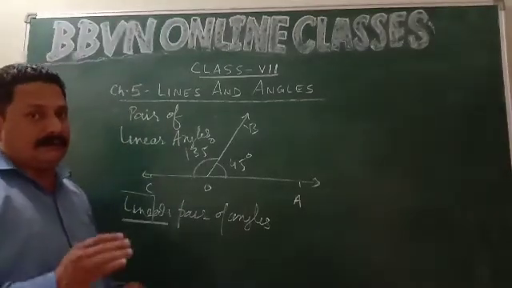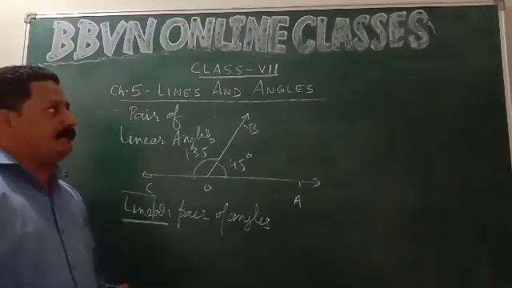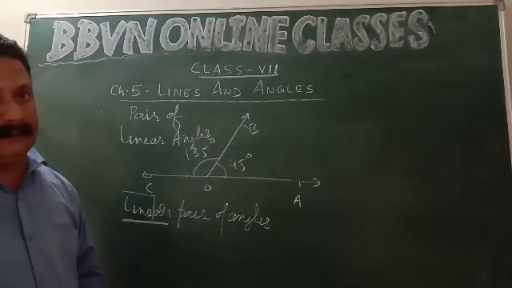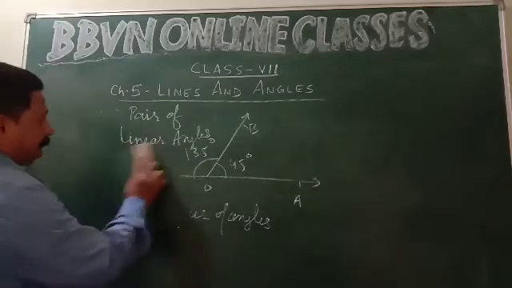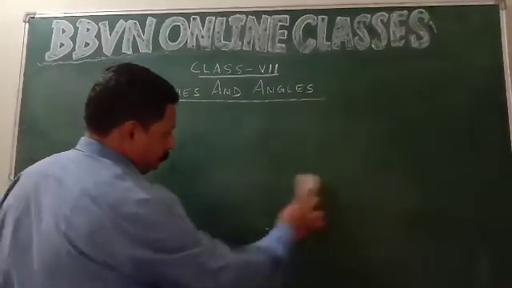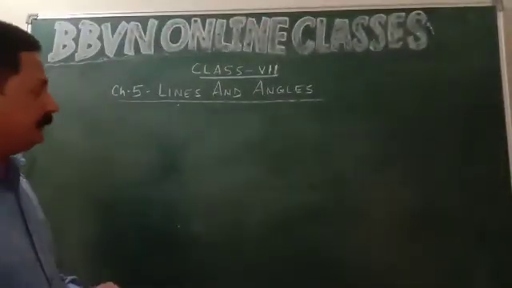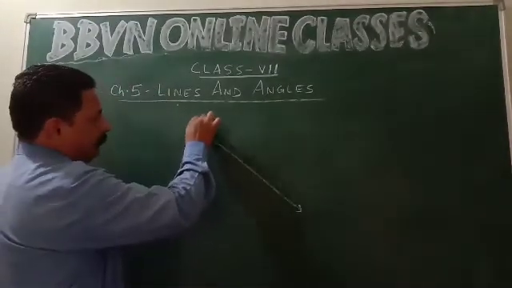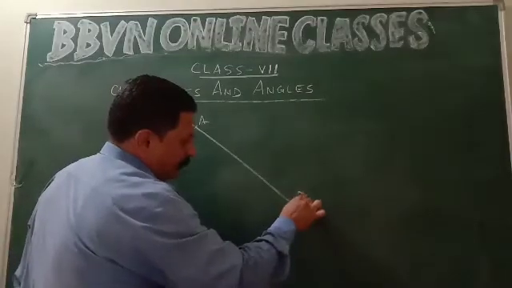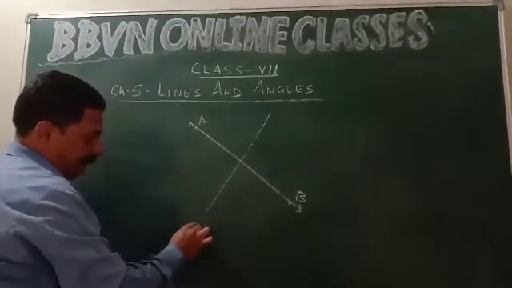So this is what you have in the introductory part of chapter 5, lines and angles. Also we will discuss one more type of angle here. Now see, for instance, I have a line AB, I have another line CD.